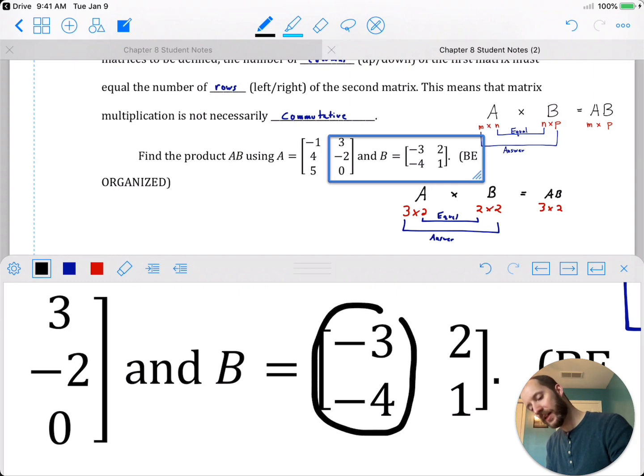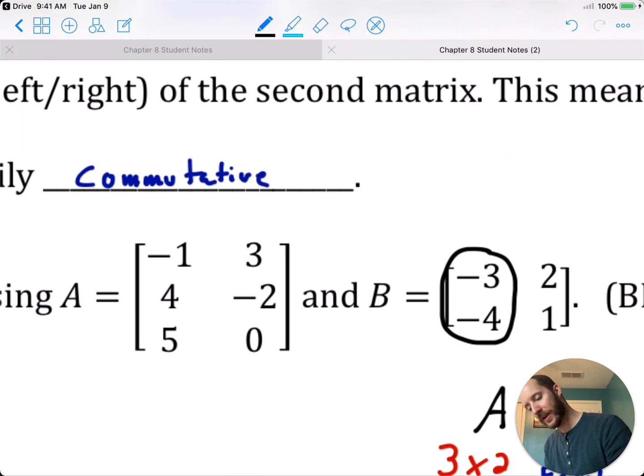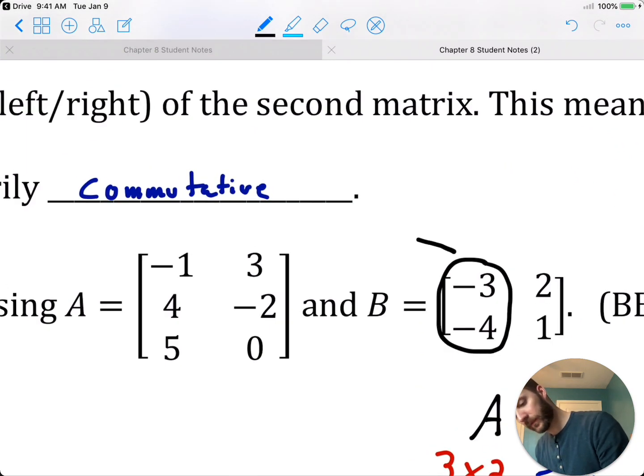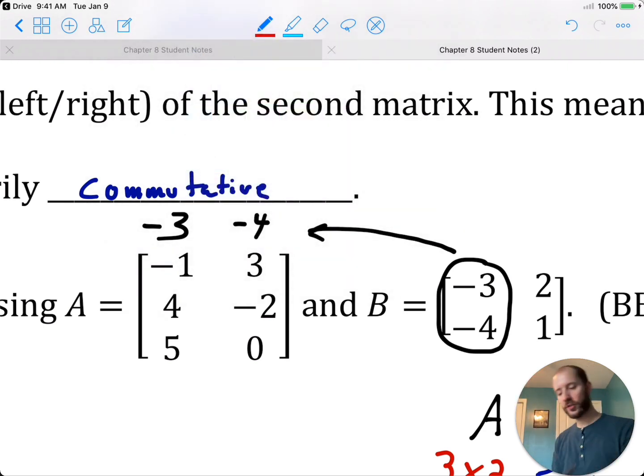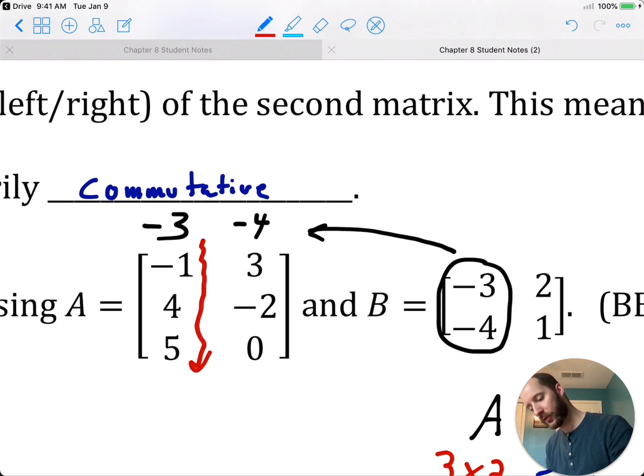You take a column from the second matrix and you rotate it 90 degrees counterclockwise up. So -3 rotates over, -4 rotates up and over. And then these values are going to filter down through. They're going to multiply to every entry, and then those will add together.